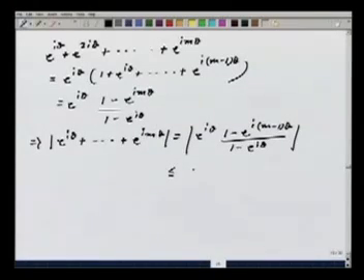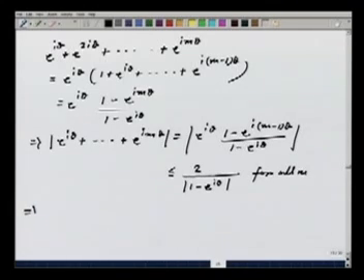Now since the modulus of e to the power i theta or e to the power i n theta is always 1, using the triangle inequality this is less than or equal to 2 divided by the modulus of 1 minus e to the power i theta. The point is now things are independent of m. This is true for all m.